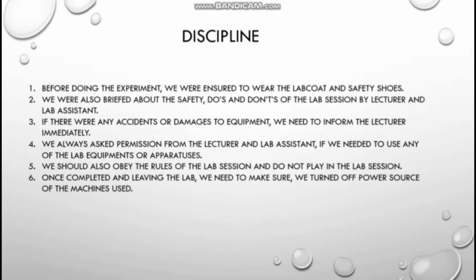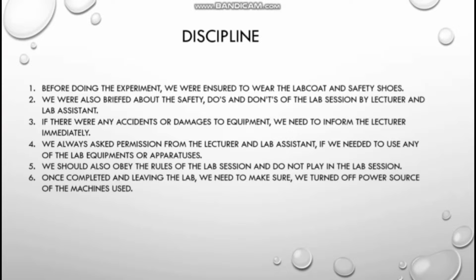Now we'll look into the disciplines of the lab. First of all, before doing the experiment, we ensured we wore the lab coat and safety shoes. Then we were also briefed about the safety do's and don'ts of the lab session by our lecturer and the lab assistant. If there were any accidents or damages to equipment, we need to inform the lecturer immediately.